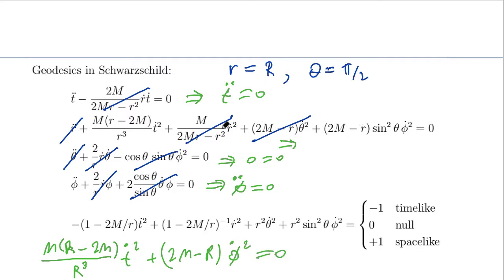So that's the second of the geodesic equations.